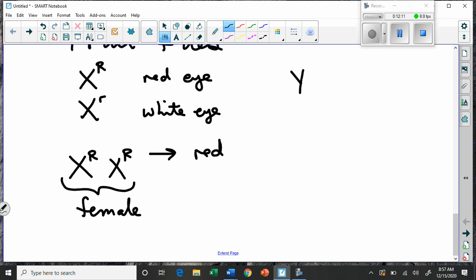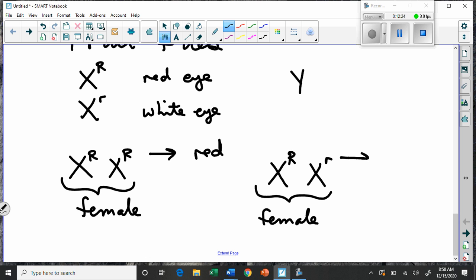The other possibility is for a female to have one of each of these, which would mean you're still a female, two X's, and you would still have red eyes because of the dominant allele. That one allele right here is still dominant, so your phenotype is still red eyes.